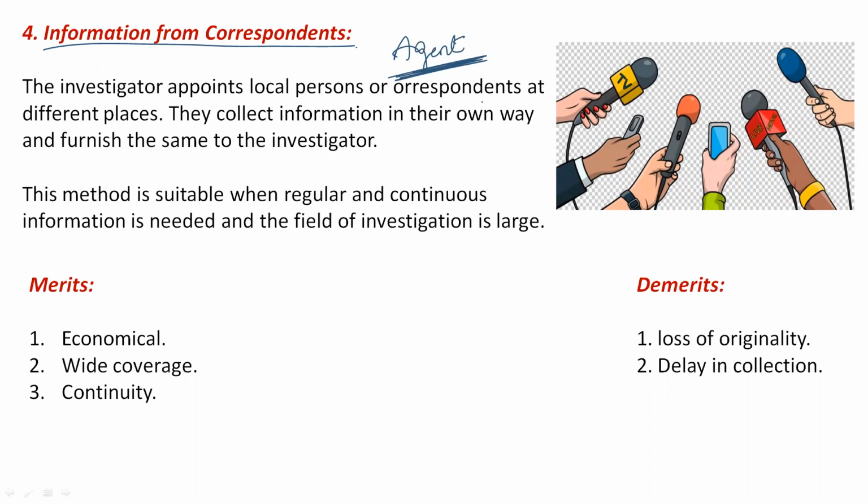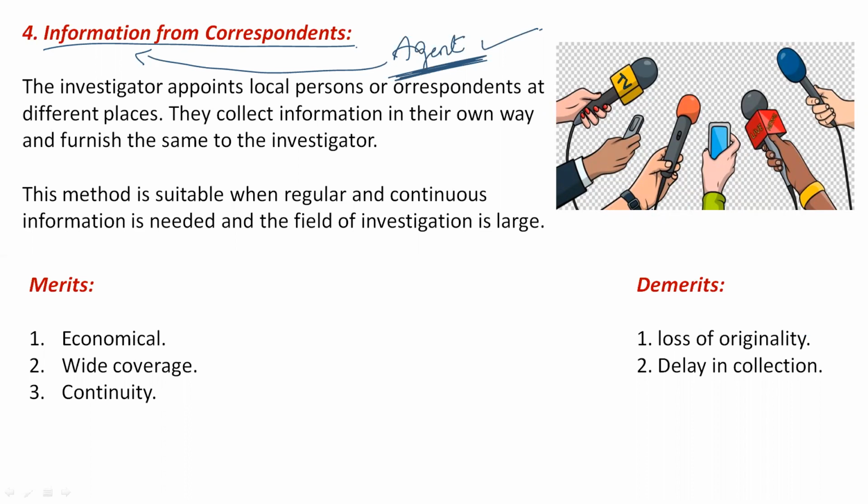Okay, so the agent will be continuously involved in collecting the information from various fields, from various sources, and will provide that information to the investigator. Okay, so here the agent is working on behalf of the investigator. So as you can see in this image, you must have seen, right?